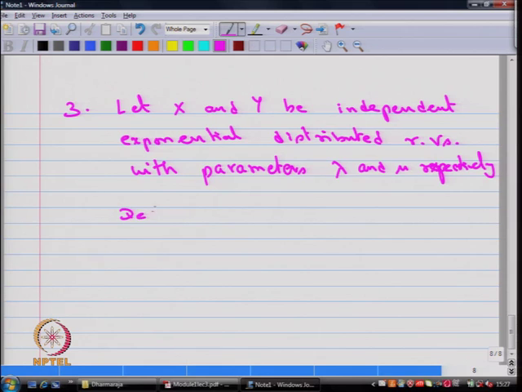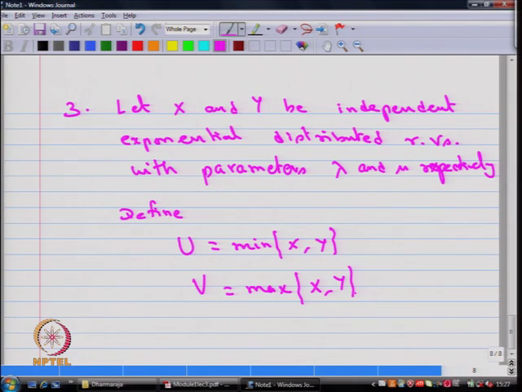Define capital U, that is nothing but the minimum of X comma Y, and V is nothing but the maximum of the random variables X comma Y.